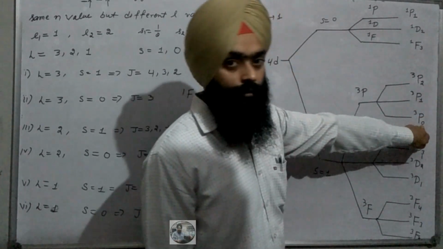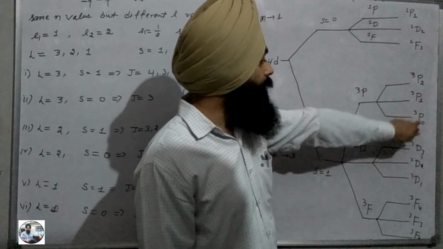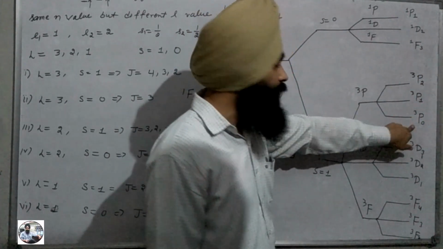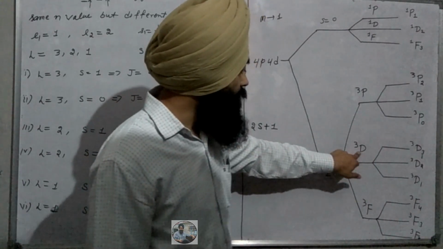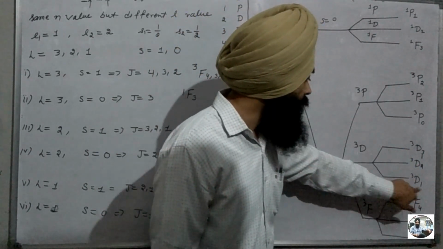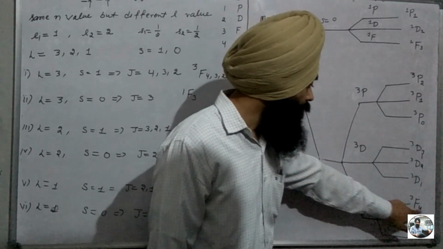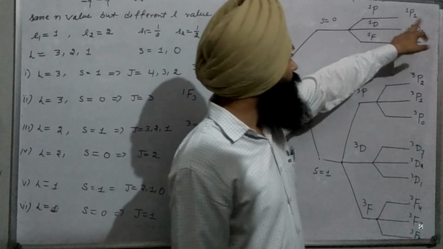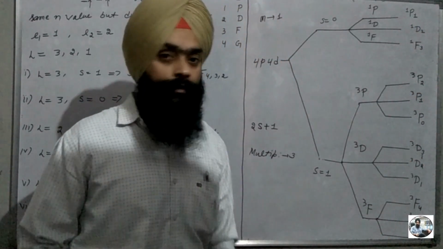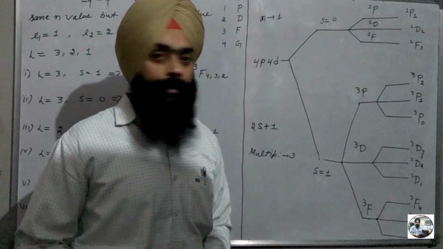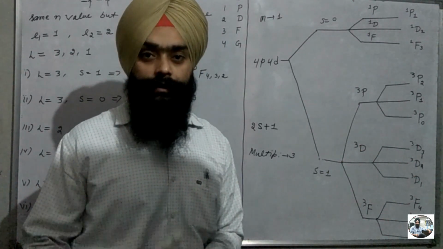Then we have 0, lowest of all the three values. 3P2, 3P1, 3P0. You can see in this state also 3D3, 3D2, 3D1, again 4, 3, 2. This is a simple case, no need to discuss here. So this is the case for Hund's rule for less than half-filled states.